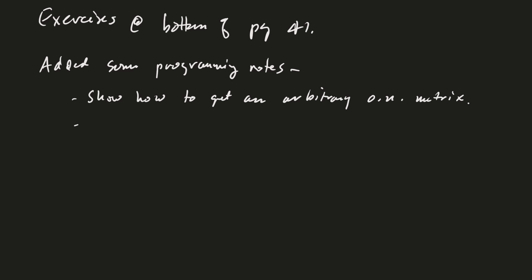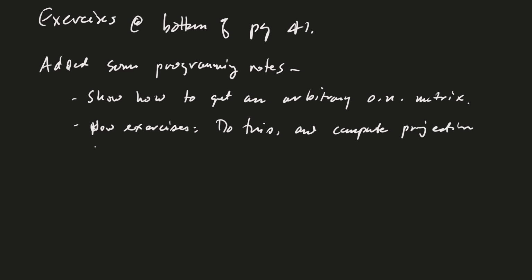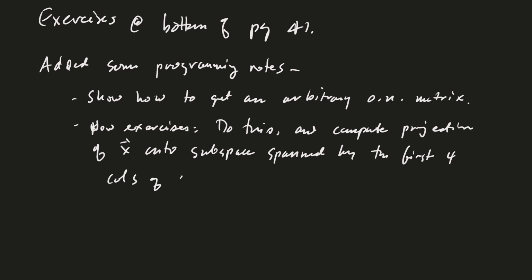And then one of the new exercises asks you to do this and compute the projection of x onto the subspace spanned by the first, I think I said first four columns of Q. I called it the matrix Q that has the orthonormal columns. Okay, so give those a try.